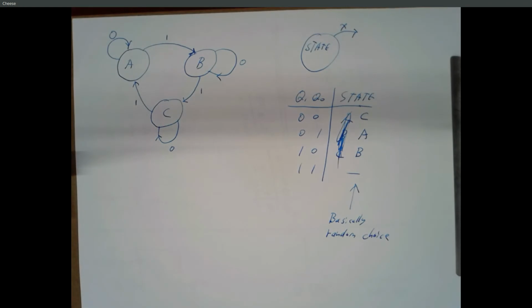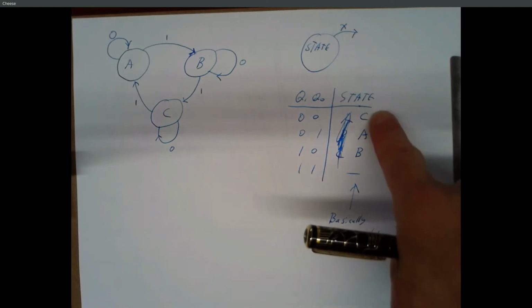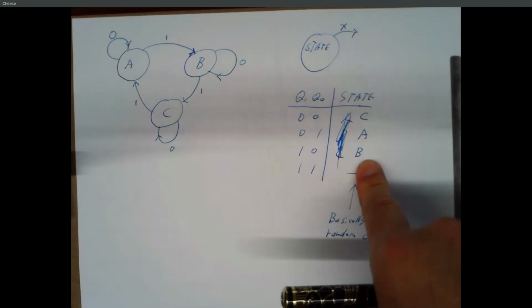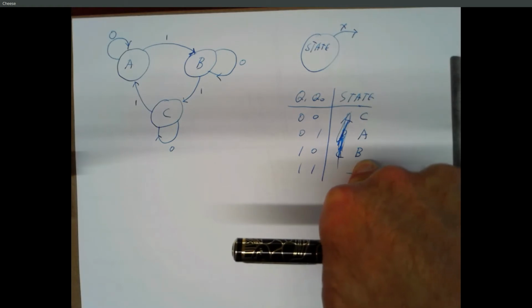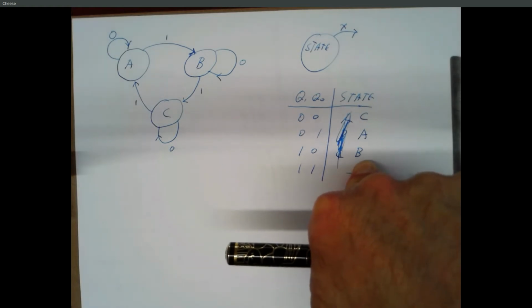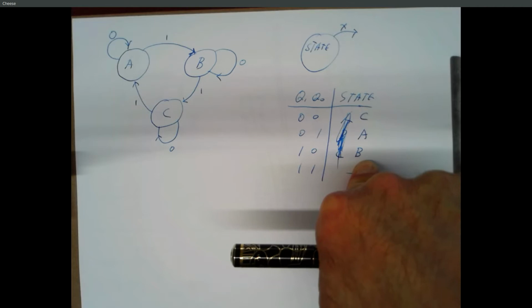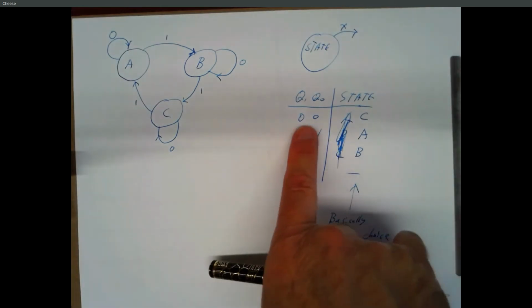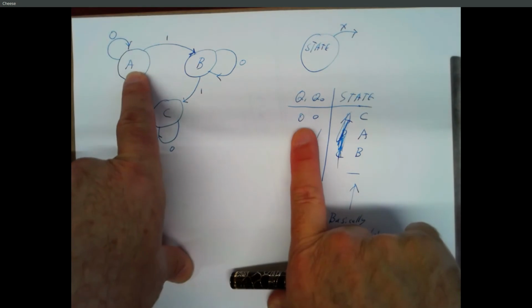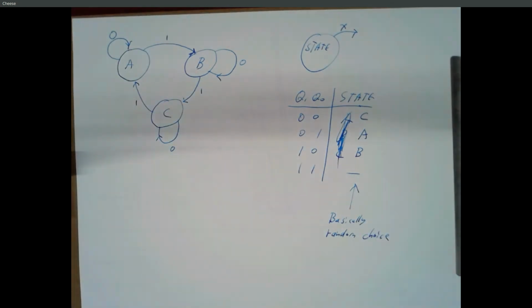Now, it may be helpful if you call your states something other than ABC. If I call this S00, S01, S10, it may help me keep track of what I'm doing. But I don't want us to fall in love with that particular naming pattern or that particular mapping. And I want to make sure you understand that there's no reason this has to be our so-called first state and our second state and so on.